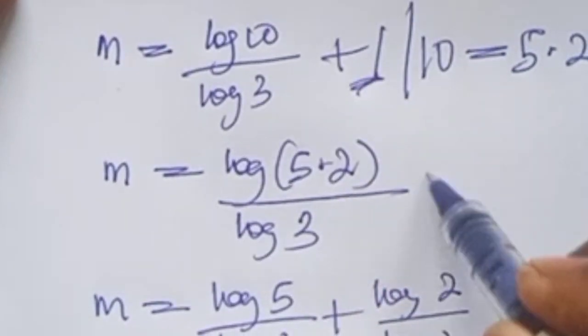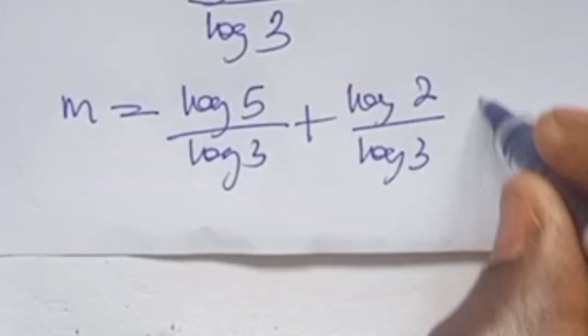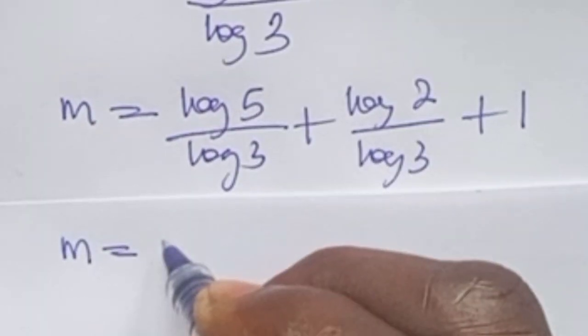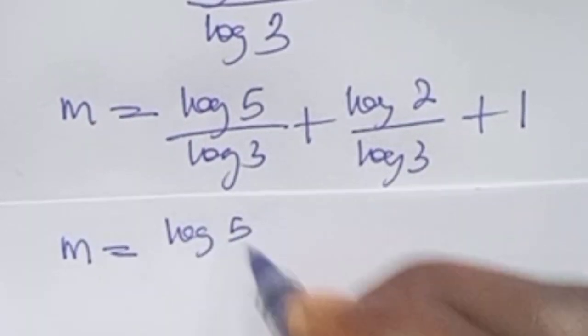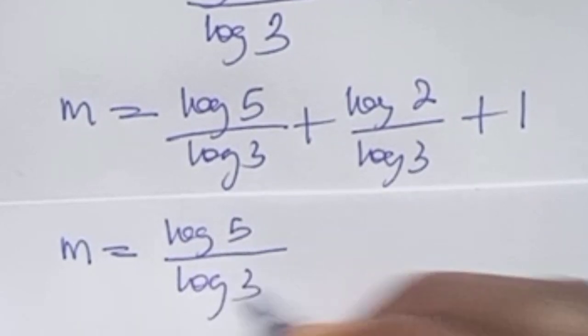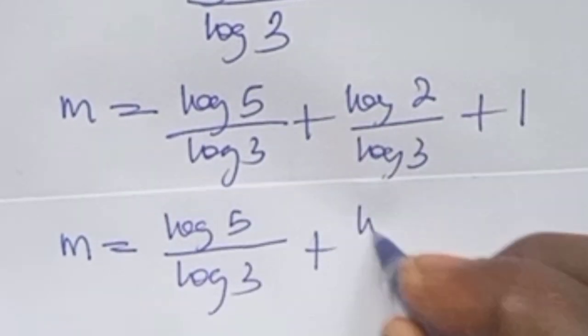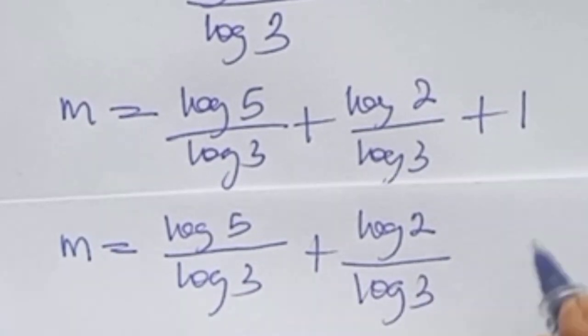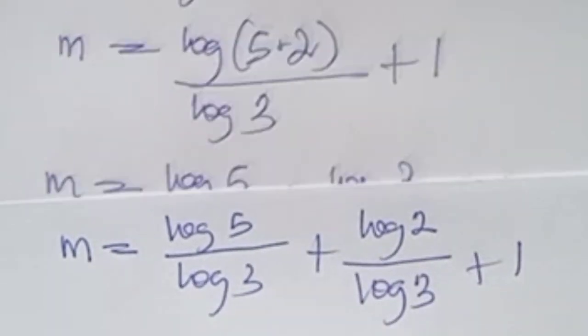And don't forget, plus 1. Here also is plus 1. m is equal to log 5 over log 3 plus log 2 all over log 3 plus 1.